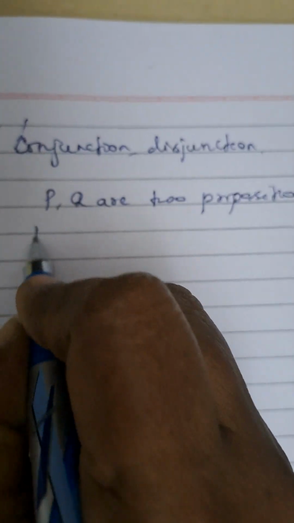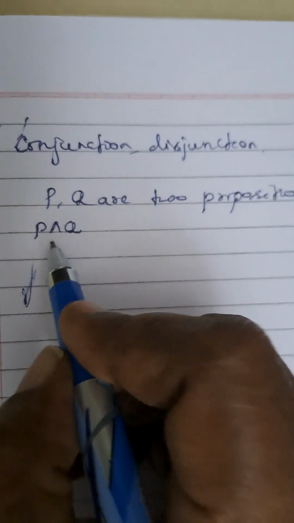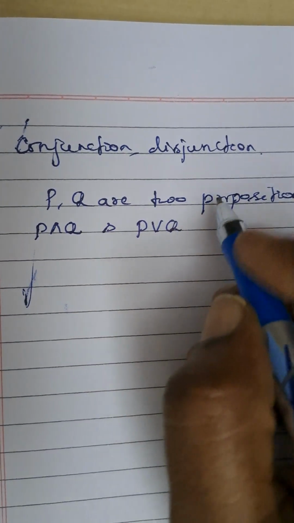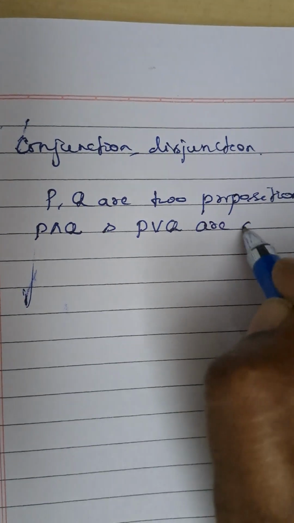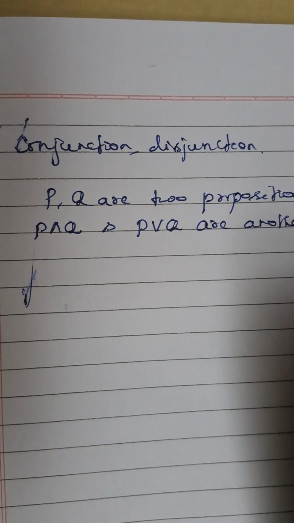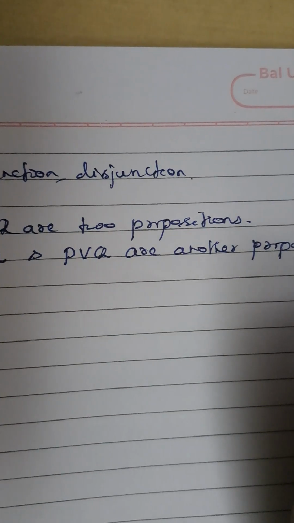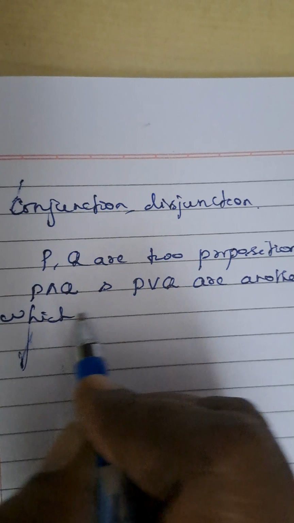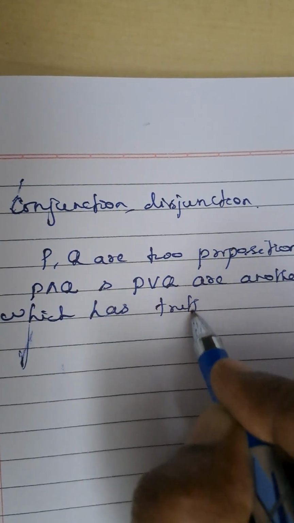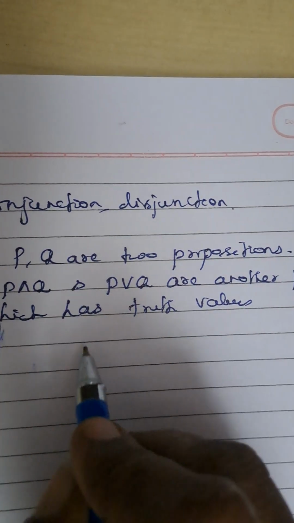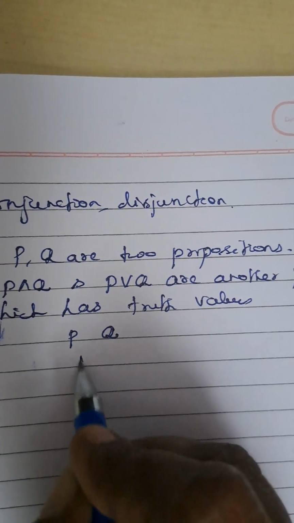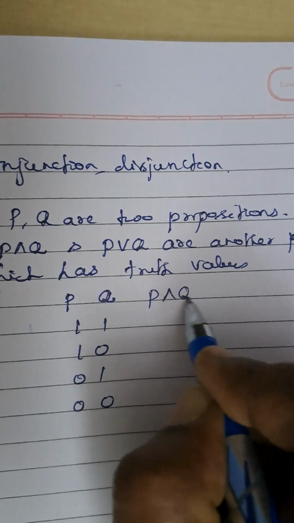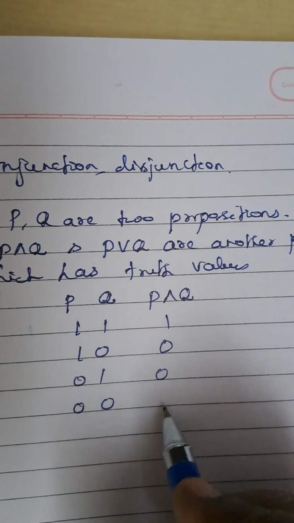Then P and Q, which is the conjunction between P and Q, and P or Q, the disjunction between P and Q, are other propositions which have truth values. For P Q: 1 1, 1 0, 0 1, 0 0, P and Q has 1 0 0 0.